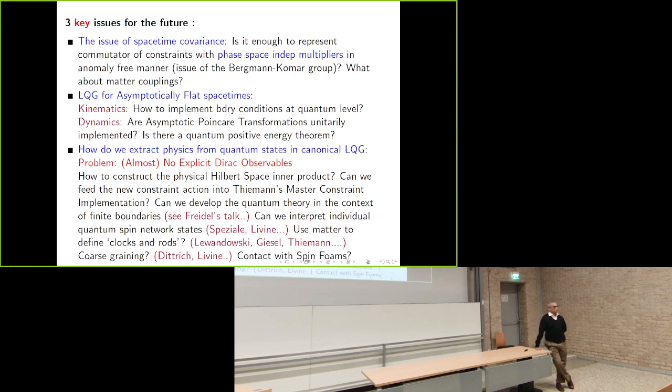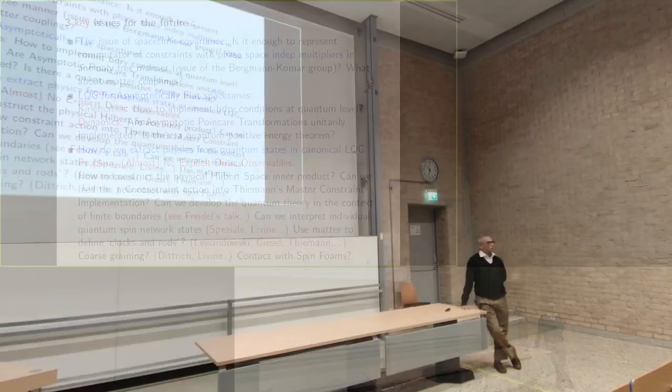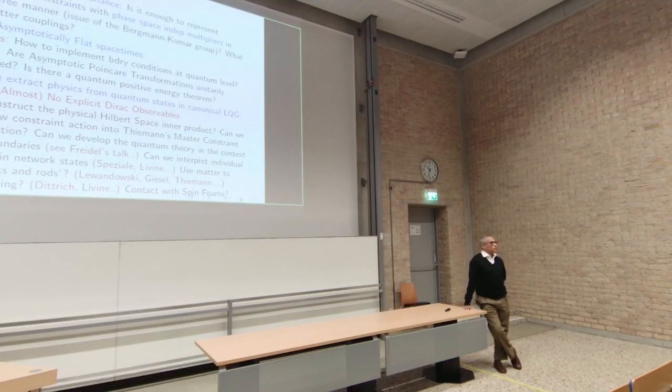What do you mean by the action of this commutator is represented on a suitable set of states? What do you mean by suitable in terms of spin nets or group averaged? There are certain distributional sums of spin network states, right? Which they have to be off-shell, so they can't satisfy the constraints, otherwise you'll just get 0 equal to 0.